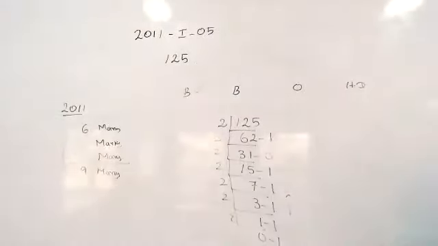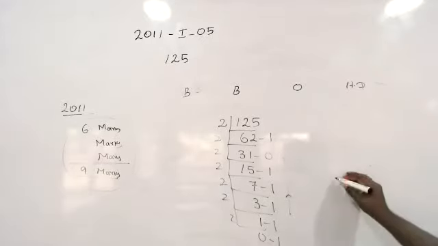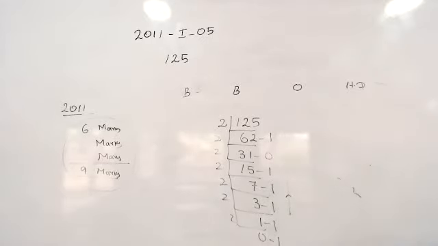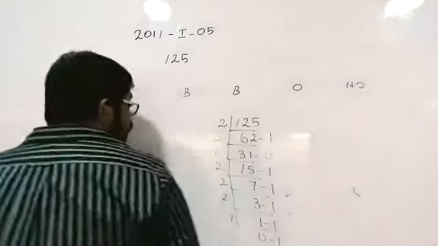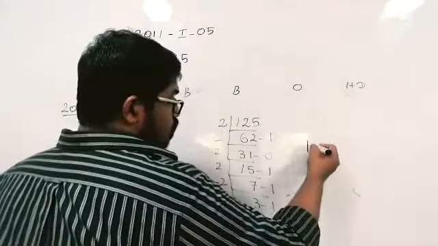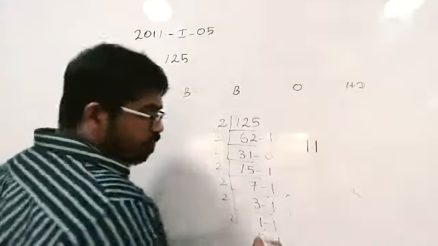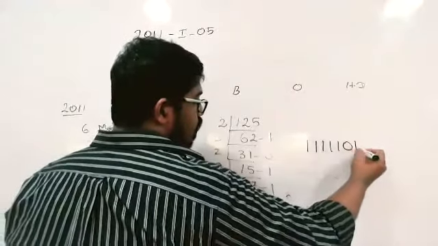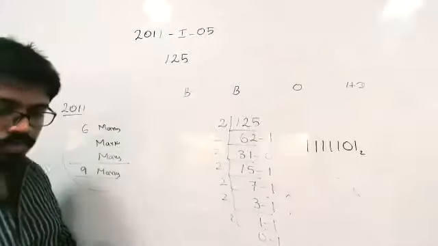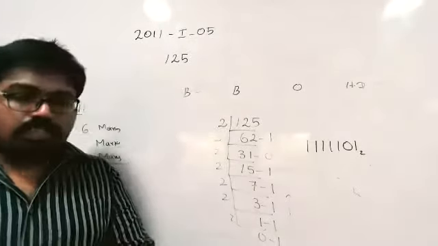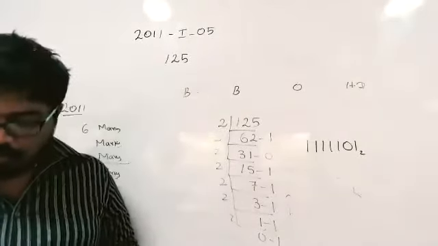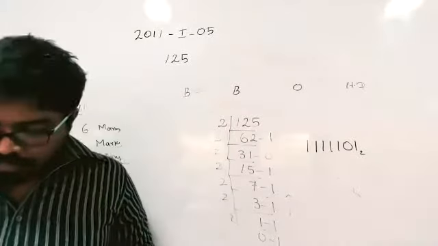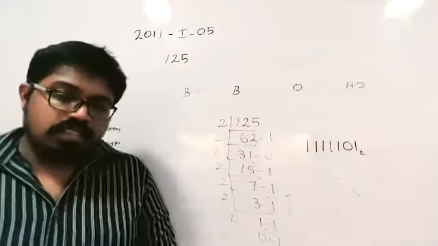So your answer will be 1111101 base 2. When you consider answer options 1 and 2, there are 8-digit answers.